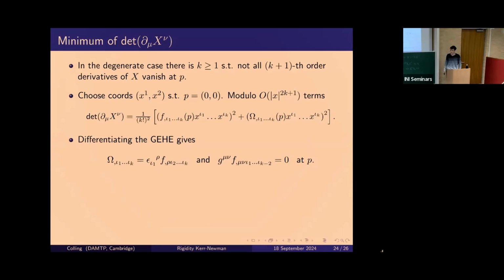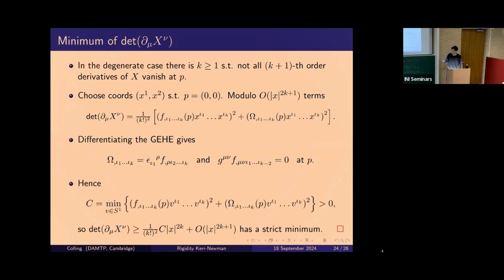And so this implies that the constant c, which is defined by minimizing the sum of the two squares appearing in this expression for the determinant over the unit circle, has to be positive, because if there were a unit vector such that both of these expressions are 0, then using these constraints, you can show that actually all kth order derivatives of f and omega are 0.